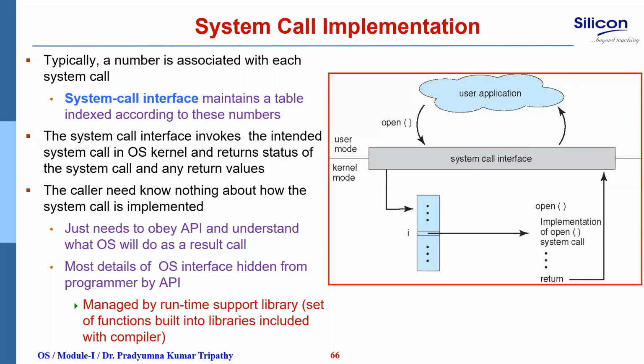To avail any service of this operating system, it has to invoke a particular system call, correct? And these system calls are numbered 1, 2, 3, 4, and for every system call there is a small function, a small piece of code.